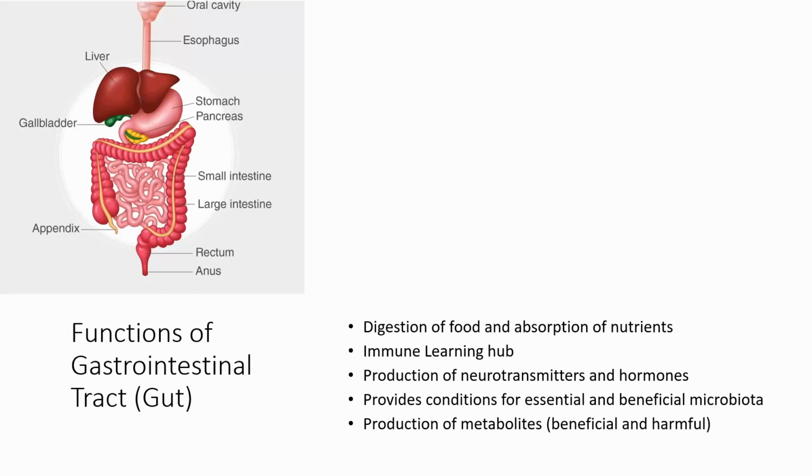If we think about the metabolic repertoire of the bacteria in terms of genes, in terms of DNA code, it is about 100 times the metabolic repertoire of the human cells. So it's extremely important in terms of the presence of these bacteria, the diversity of these bacteria, and the balance of these bacteria in terms of metabolic function.